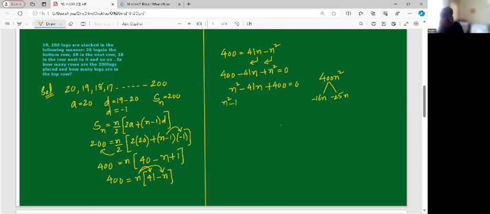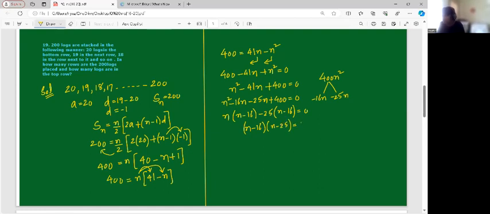So this is n square minus 16n minus 25n plus 400 equal to 0. What is common? n is common. n minus 16, and then minus 25 common, n minus 16 again is equal to 0. So take n minus 16 common. We are left with n minus 25, and n minus 25 is equal to 0.